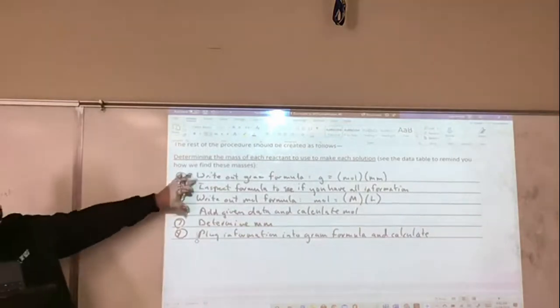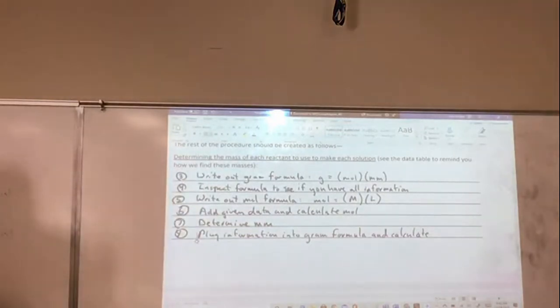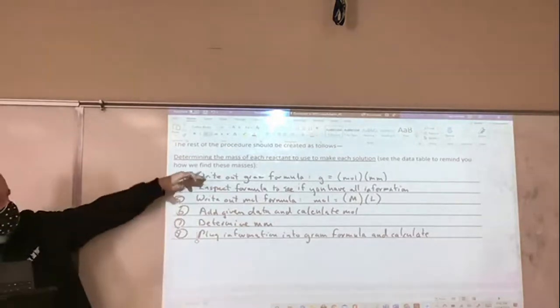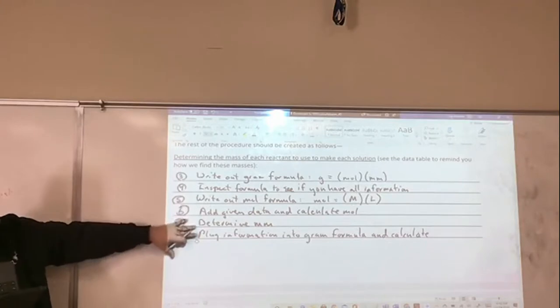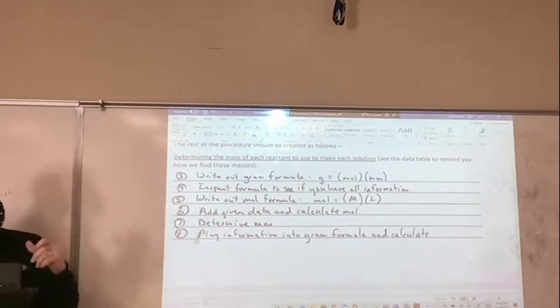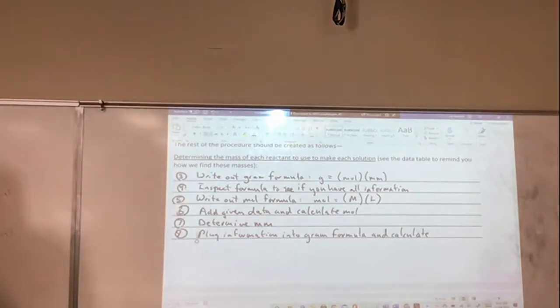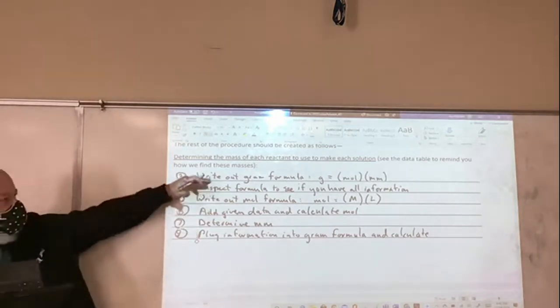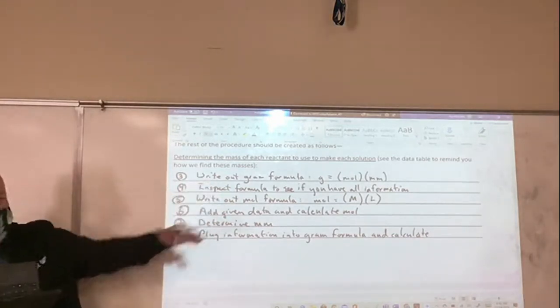Now, if I were to do this again next week, which I will with the other group, do you think my set of 6 steps here for this part of the procedure will be exactly the same as what I've written out here for you? It's not, is it? It's not going to be exactly the same. And that's okay, right?